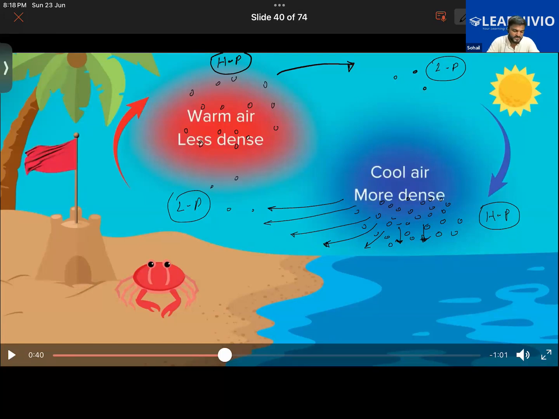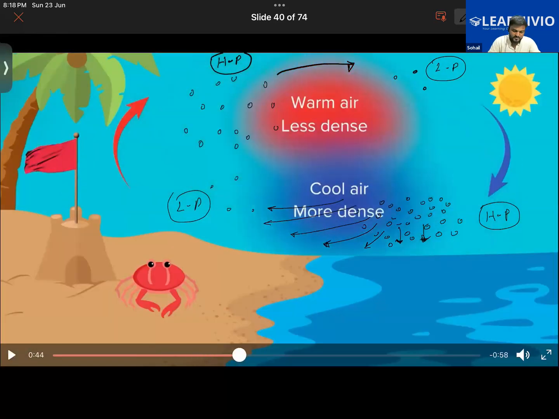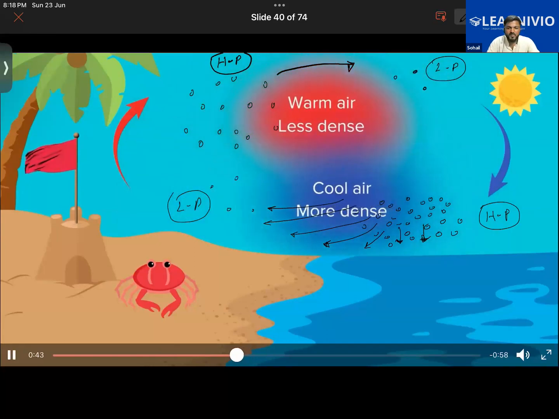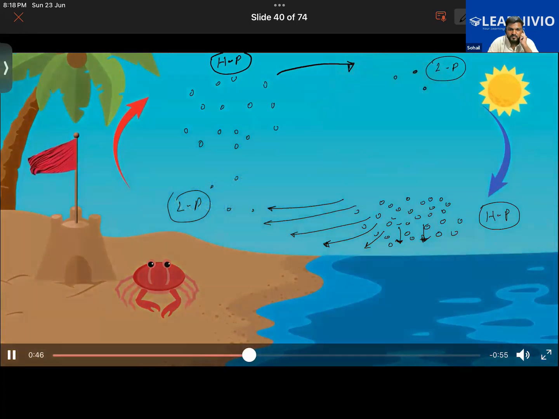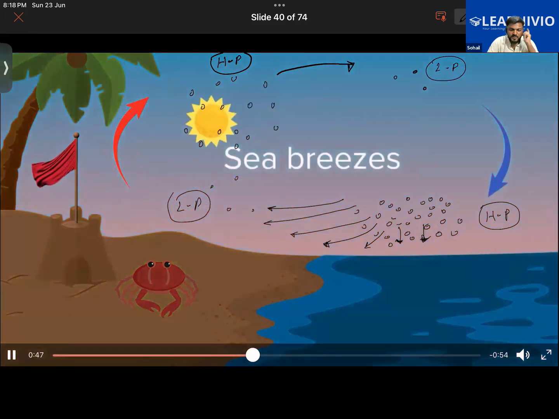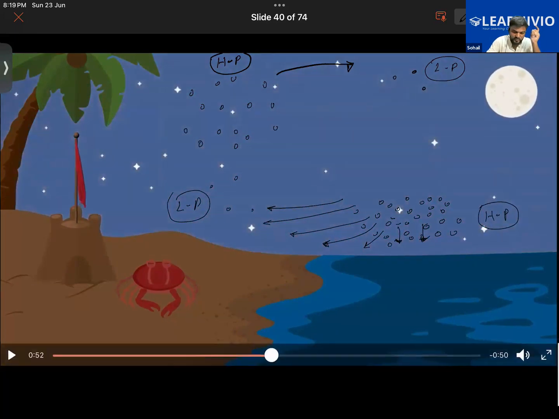Okay, now let us continue this animation from here. Winds that blow from the sea to the land are called sea breezes. Let me erase this convection animation, overriding above this.